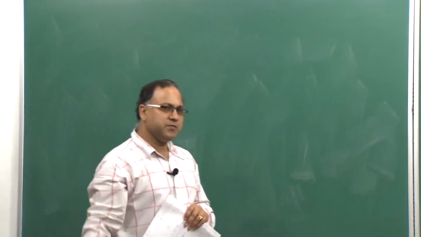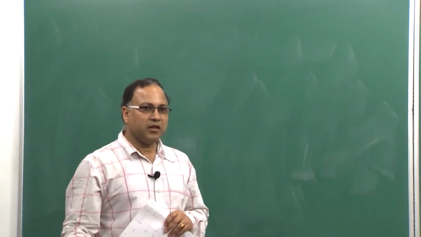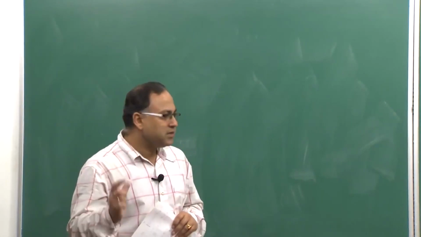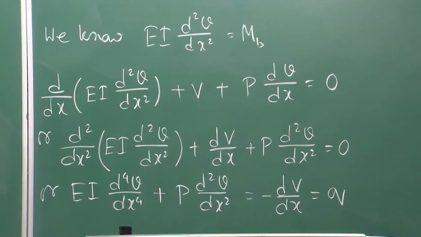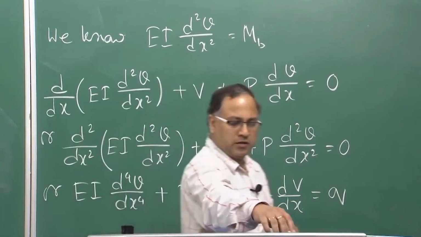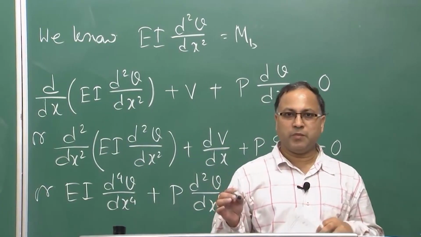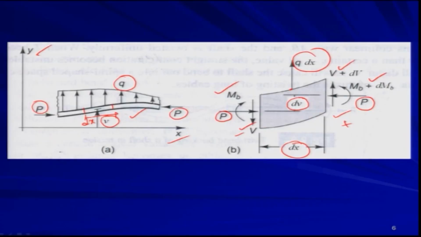So we can consider Q equal to 0. Q is nothing but the lateral load. If you invert this member, it will be like this: this is P, and it is very unlikely that the column is carrying a lateral load. Therefore, we can neglect that, or say Q equal to 0.